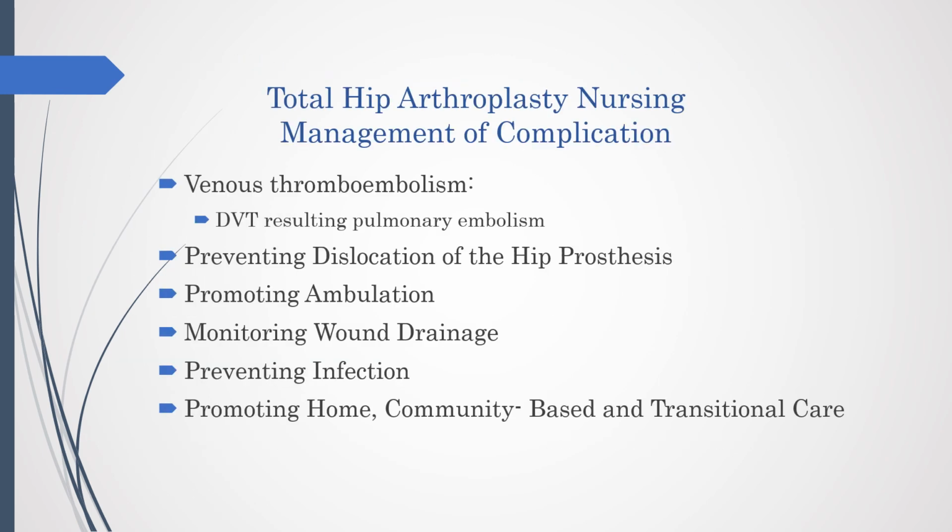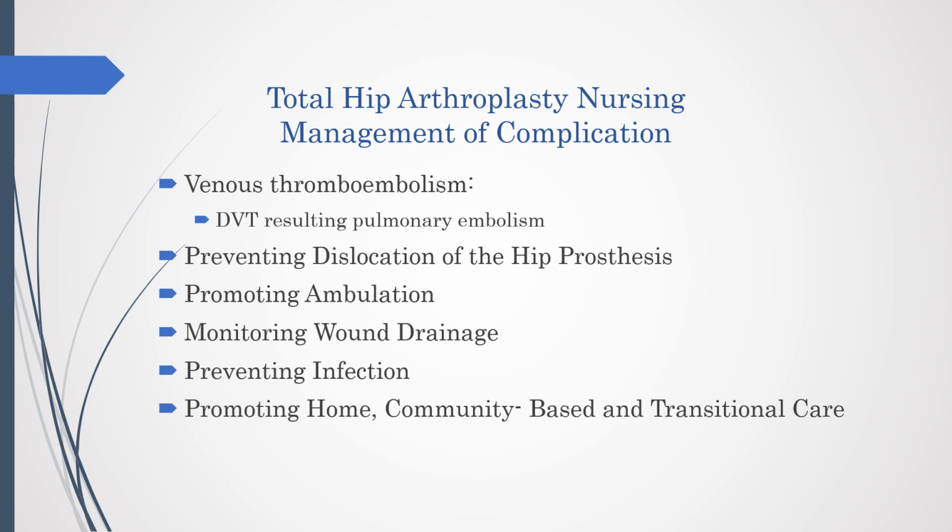Let me go to more complications. We talked about venous thromboembolism, or deep vein thrombosis, which can also lead to pulmonary embolism. You've learned about DVT and the pulmonary embolism signs and symptoms.